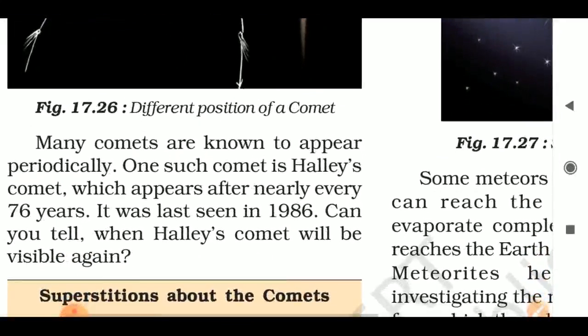Many comets are known to appear periodically. One such comet is Halley's comet, which appears after nearly every 76 years. And it was last seen in 1986. So the comet is not present in the sky every night, but it can appear occasionally, nearly every 76 years.